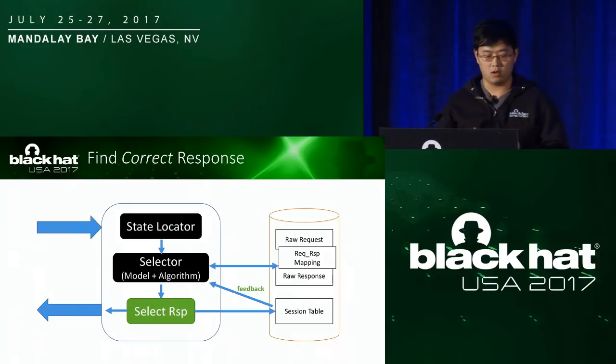The selector model will use the information we collected, including the response and session tables, and select the appropriate response to reply to the possible attacker. All this interaction will also be stored back in our database for the second round of learning.